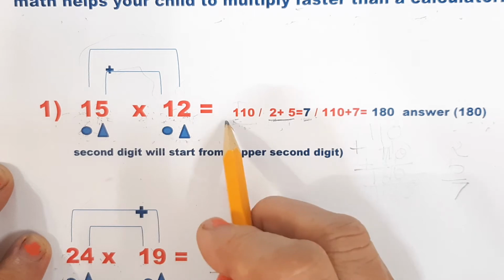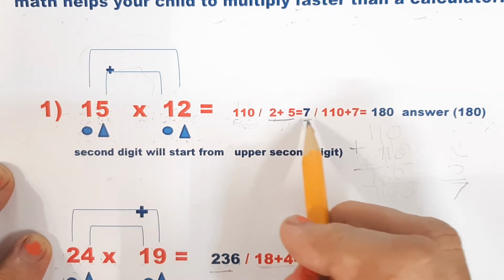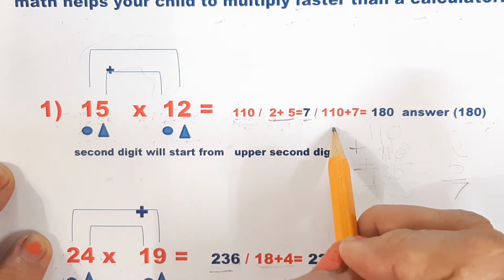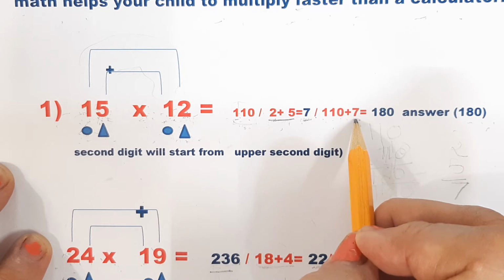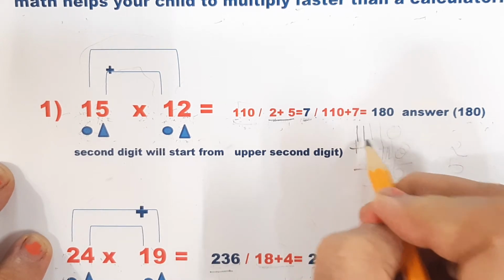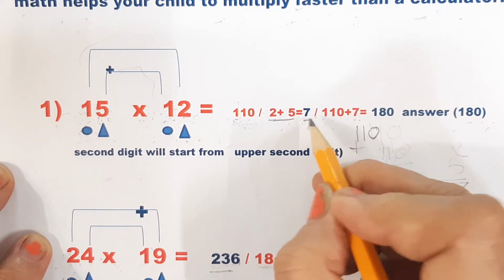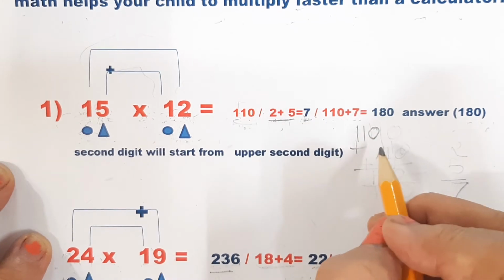The first answer will be 110 and the second answer will be 7. So you have to add 110 plus 7 and you will get the answer. But the rule is that the 7 does not start from here.